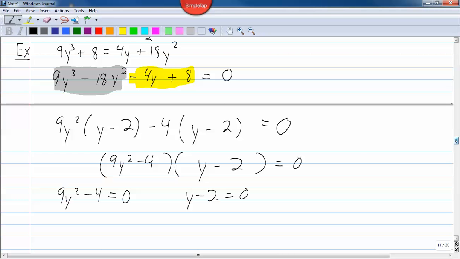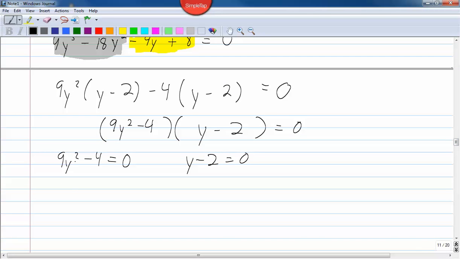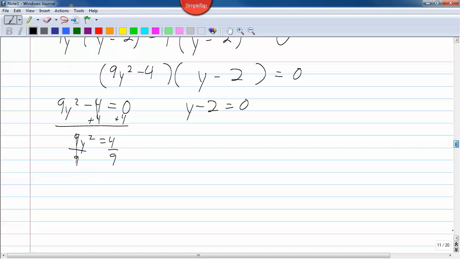I would use the square root property on the first equation because it doesn't have just the y term on this one. So move the 4 over. 9y squared equals 4. Divide both sides by 9. So y squared equals 4/9.